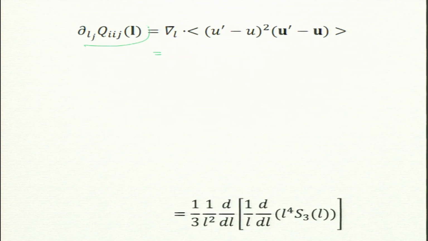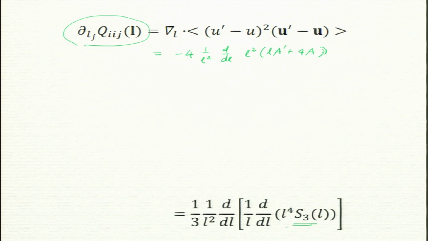This one is related with S3. I can just tell you: minus 4 1 by L squared d by dl of L square L a prime plus 4a. This is coming from the previous slide.